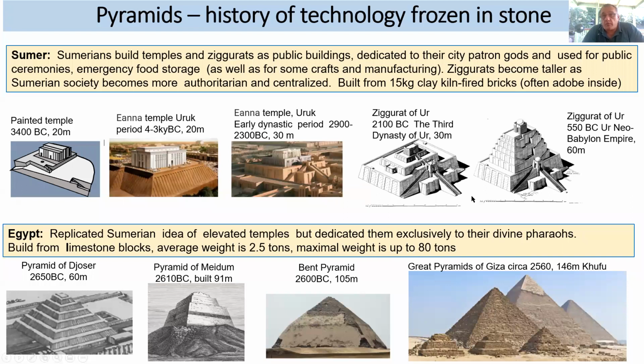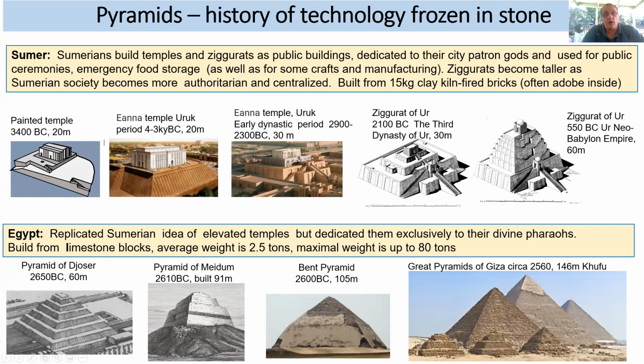In order to observe the evolution of construction technology, we may examine the construction of pyramids, or ziggurats and pyramids in Sumer and Egypt. It's a history of engineering frozen in stone. First of all, there was some evolution of temples and ziggurats, which were public buildings in Sumerian society.